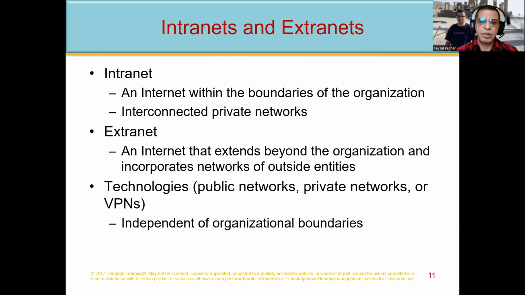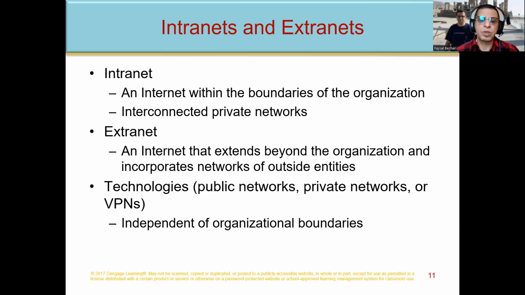An intranet is an internet within the boundaries of the organization, interconnected private networks. An extranet, which is outside, is an internet that extends beyond the organization and incorporates networks of outside organizational entities. So two different companies can be connected.